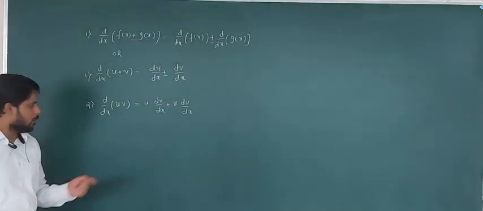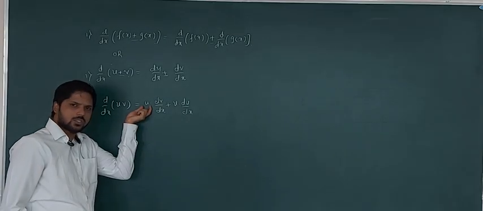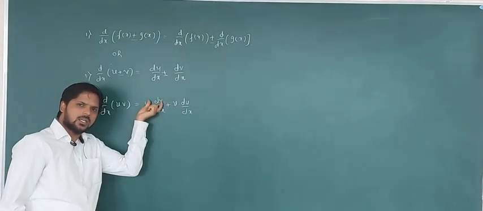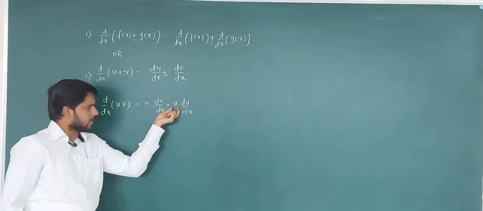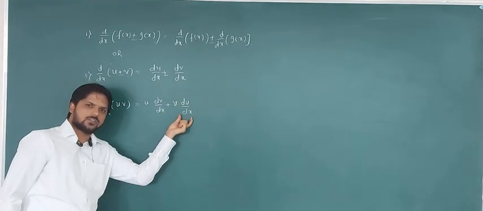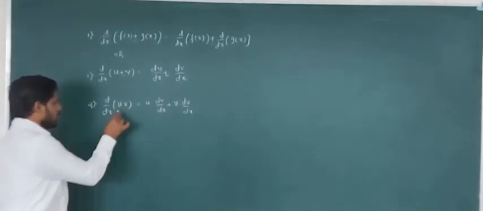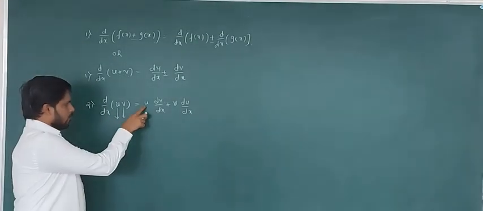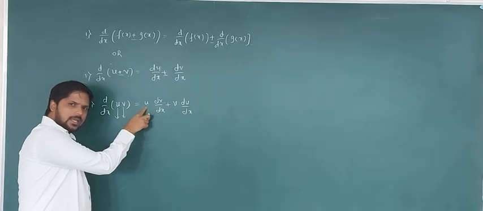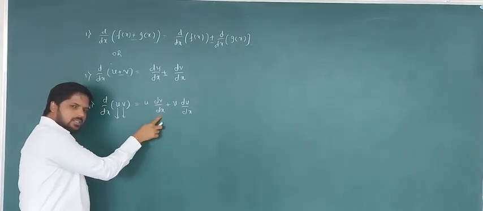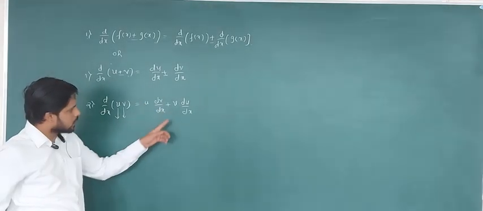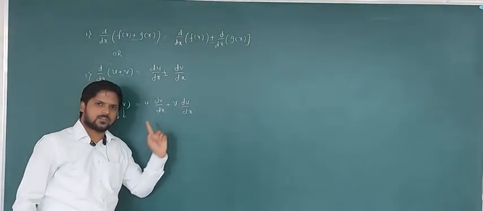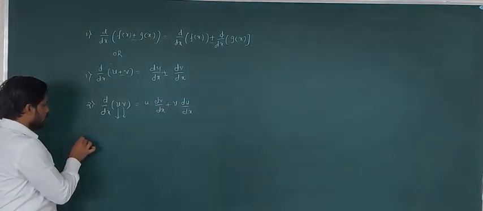First we keep the first function as a constant and differentiate the second function, plus keep the second function as a constant and differentiate the first function. That is, u is the first function, v is the second function here. Okay.